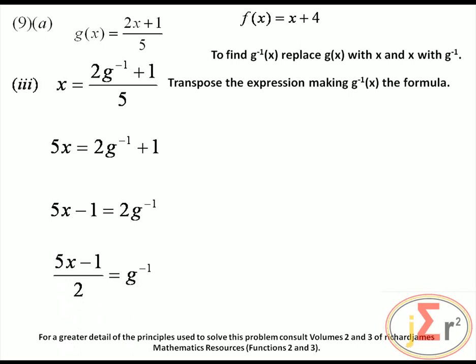I'm just including the process here just in case a student may want to turn to this method to solve a similar problem. So g inverse of x is equal to 5x minus 1 all over 2.